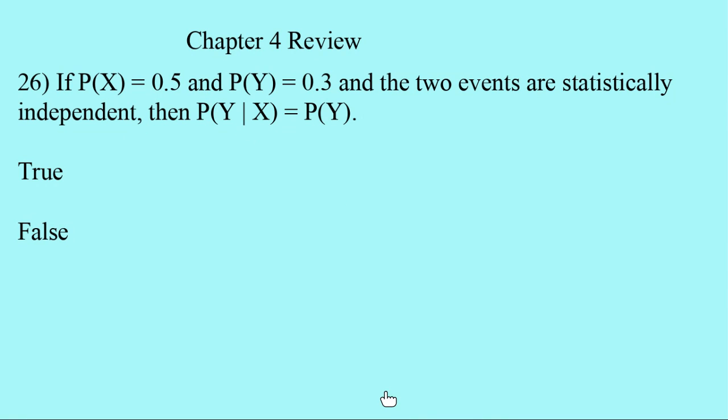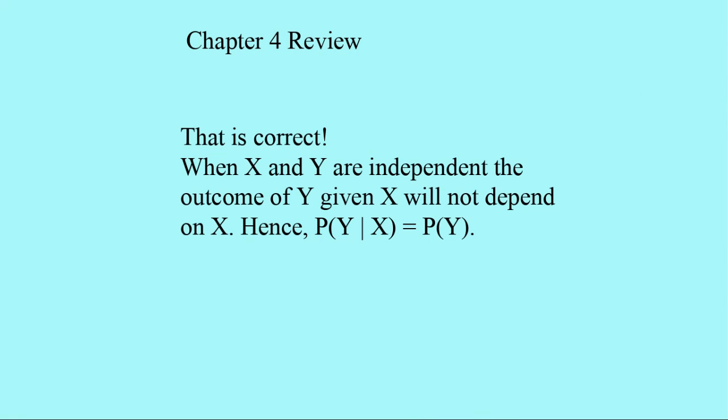Right. Okay. Very good. So when X and Y are independent, the outcome of Y given X will not depend on X. Hence, the probability of Y given that X has happened is equal to the probability of Y. They're two independent events, so they can happen regardless of whether the other one happens or not.